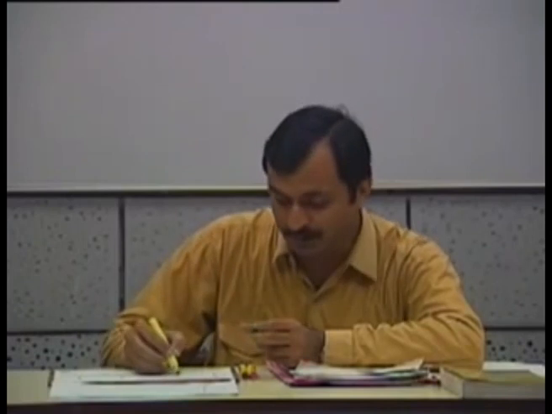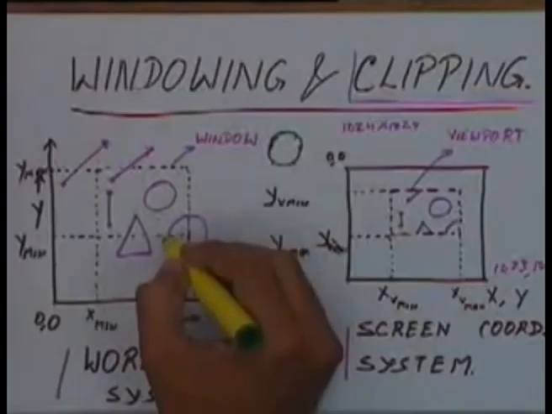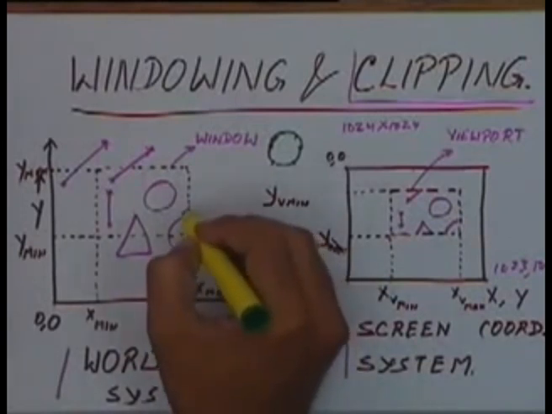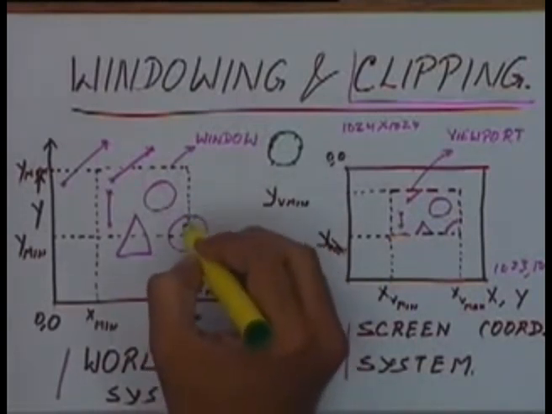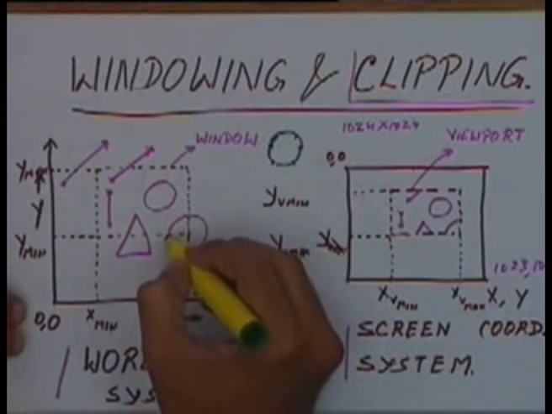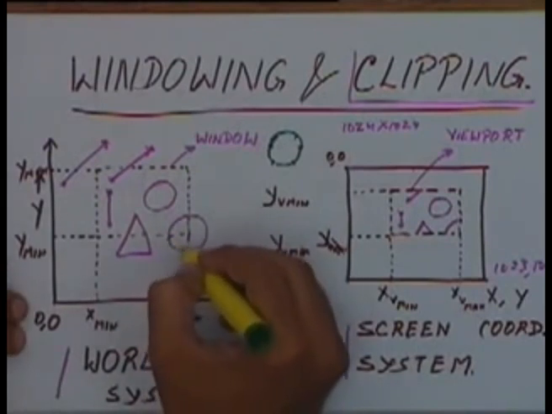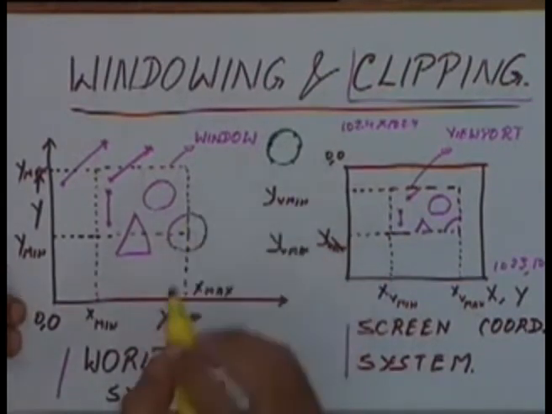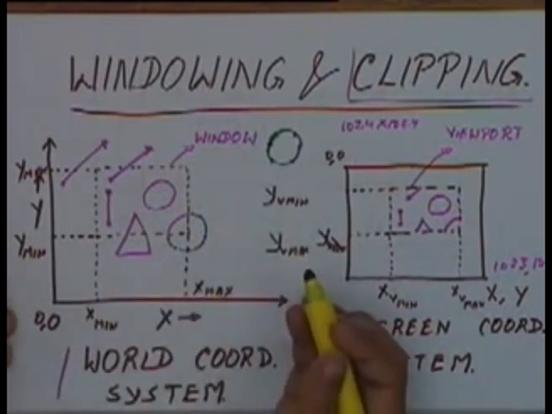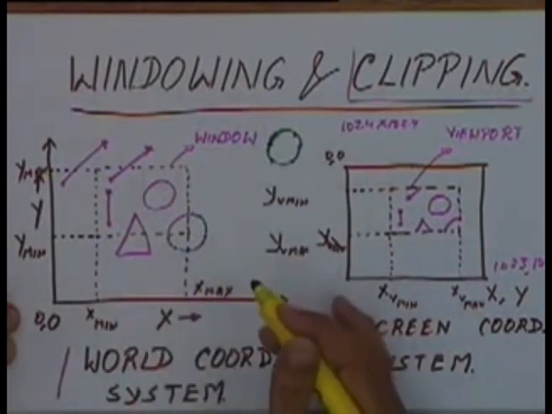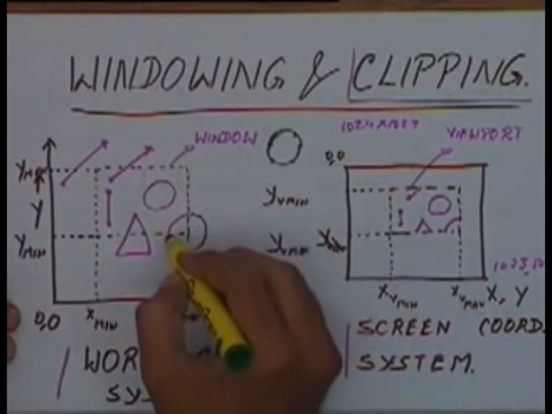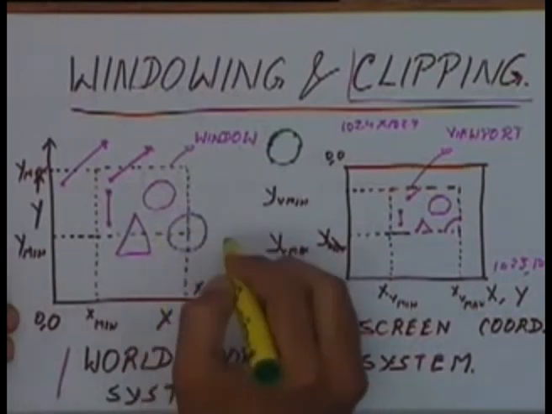Even for a curve like this, if we start finding out the set of pixels that will correspond to the invisible part of the curve, we will have to find out for each of these pixels whether it is inside or outside. That is going to be wasteful. Instead of that, we will divide this into a sequence of line segments.